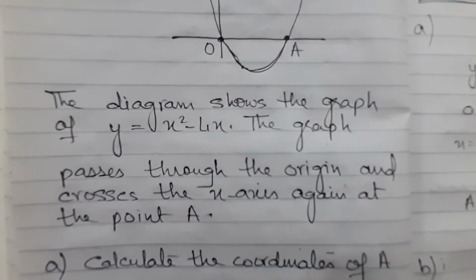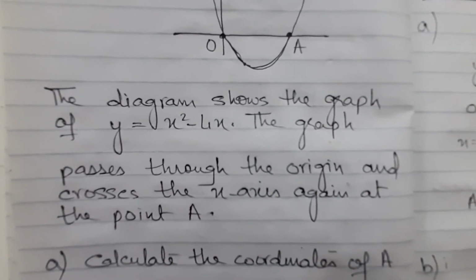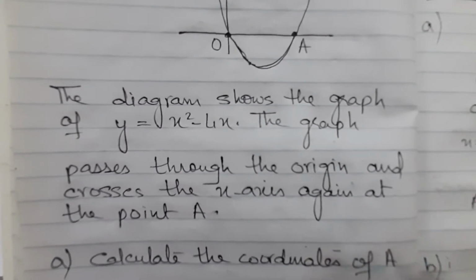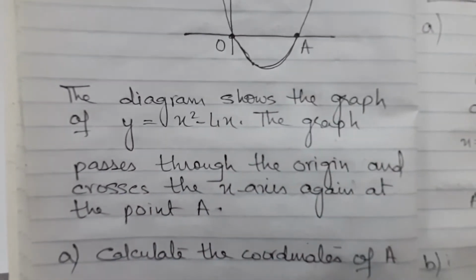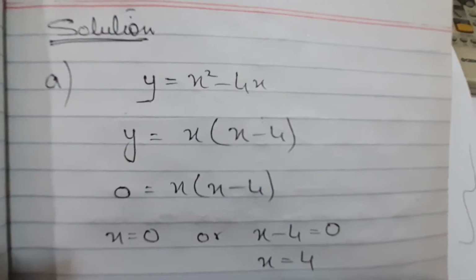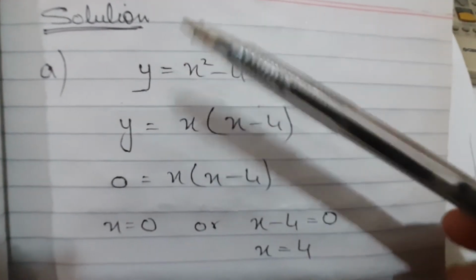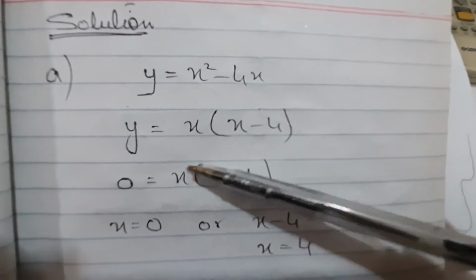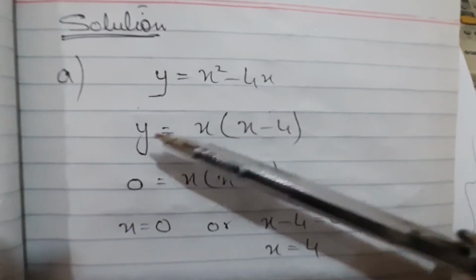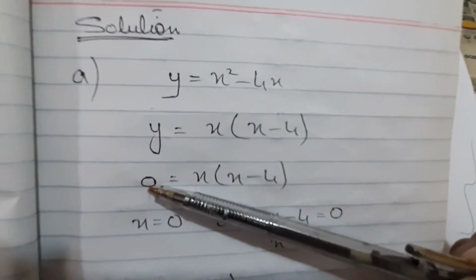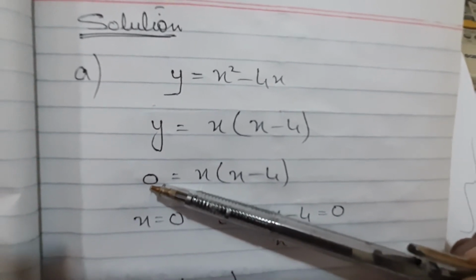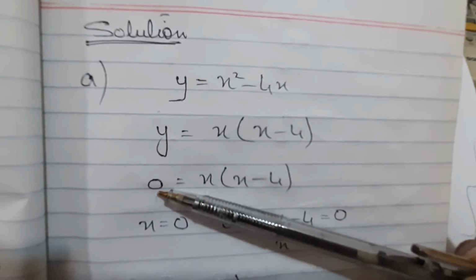So basically y coordinate on the x-axis is always 0. So if I put y 0, it will help me to get this point. So let's see. Okay, so I have this equation given. I'm factorizing it and I'm putting y 0. The reason I have already told you, on the x-axis y coordinate is 0 and point A is on the x-axis, right?